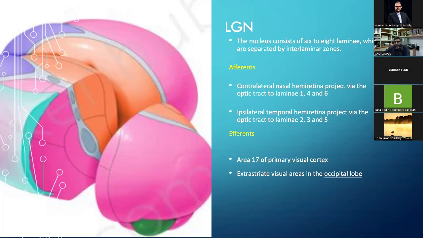It has a laminar representation, supposed to have around 6 to 8 laminae. Laminae 1, 4, and 6 will be receiving fibers from the contralateral nasal hemiretina, and laminae 2, 3, and 5 will be receiving information from the ipsilateral temporal hemiretina. The efferents are projected to the visual cortex area 17 and extrastriate visual areas in the occipital lobes also.